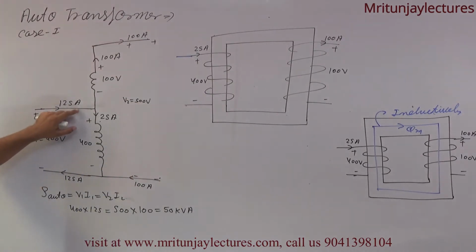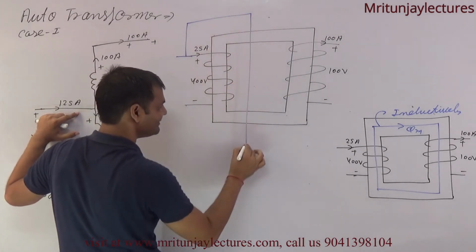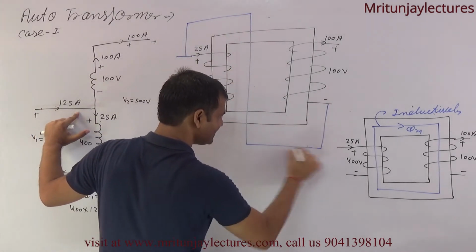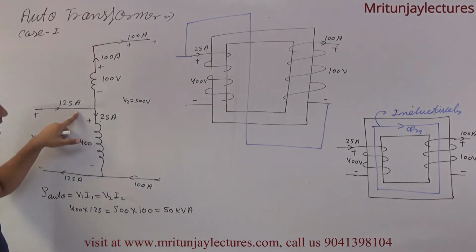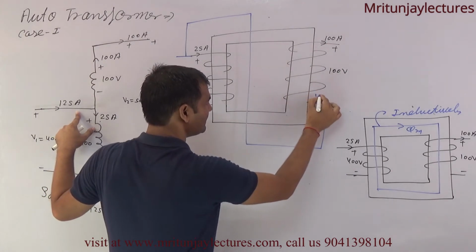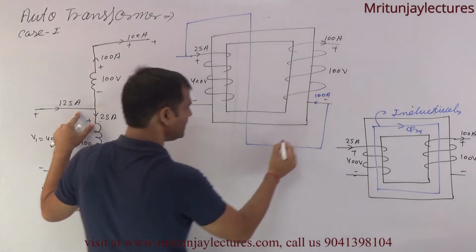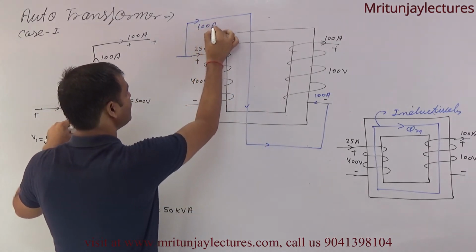Now if conducting wire connect like this one, conducting wire connect like this one, 100 ampere, so in conducting wire current is also 100 ampere. Clear?